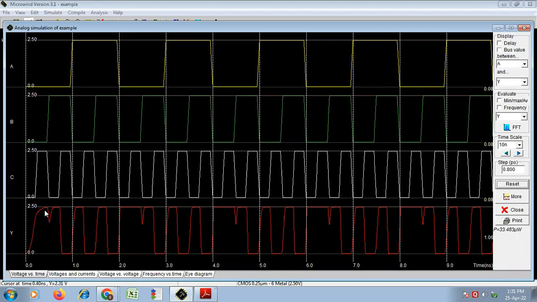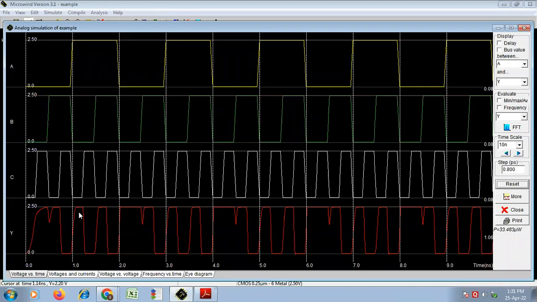Output is 1. Third case: A is 0, B is 1, and C is 0. Output is again 1. Next case, A is 1, B is 0 and C is also 0, output is 1.